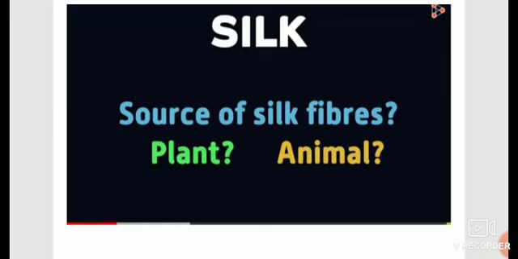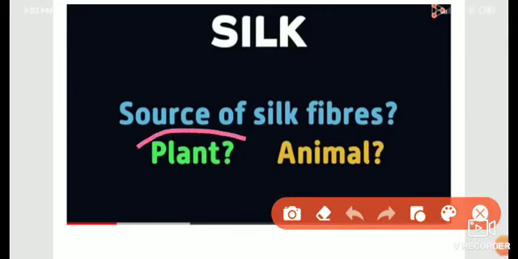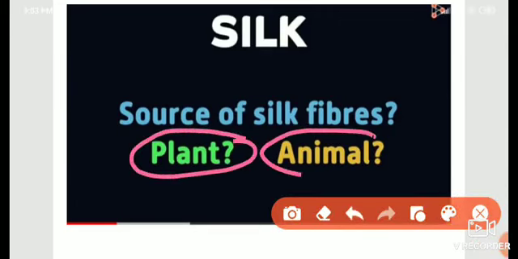Do you know? You can see here two options given, plants or animals. As we know, we get the silk from the animals. It means from the silkworm.